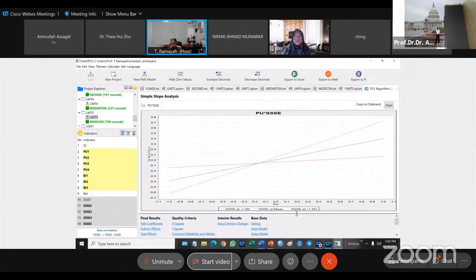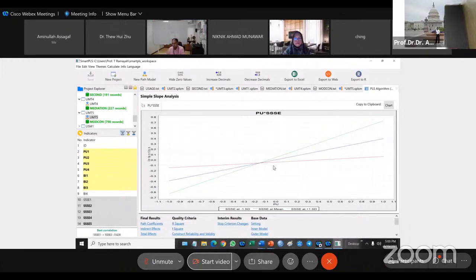There are three lines. In the middle is the average, the mean value. +1 means high, -1 is low. So we see here, this is +1, right? The relationship is stronger here and it's weaker here. Correct? That's how you interpret this plot.